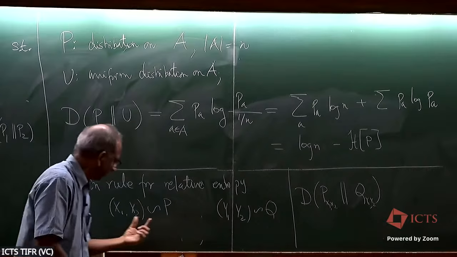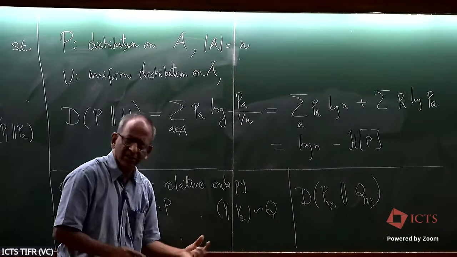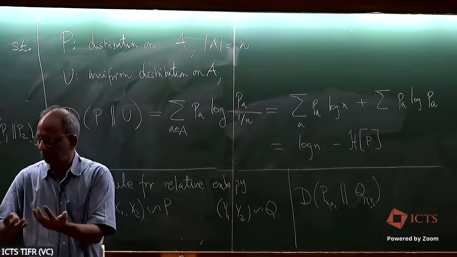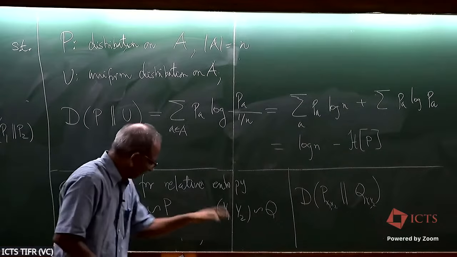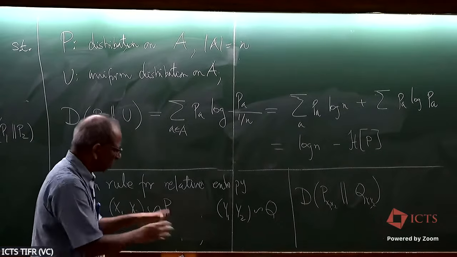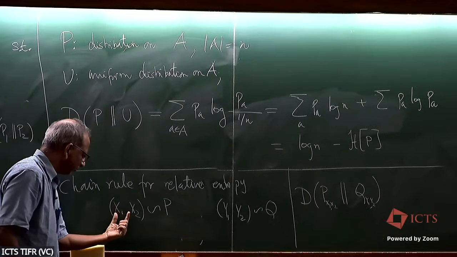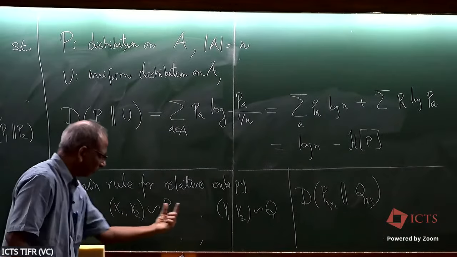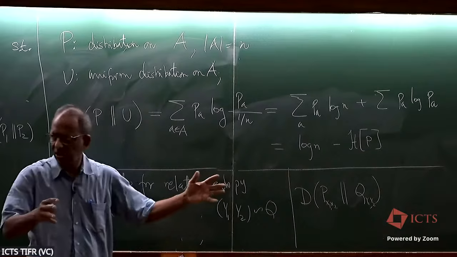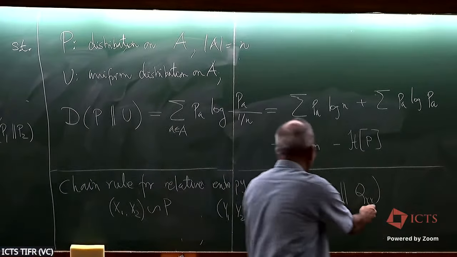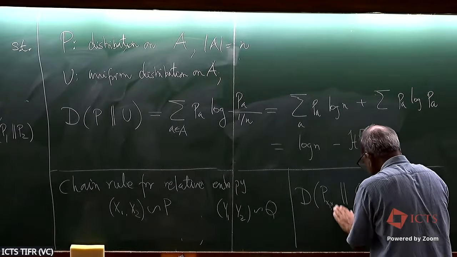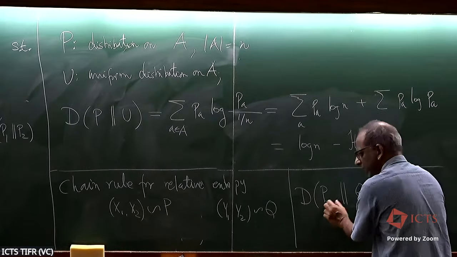And there is a relative entropy between the distributions of x1 and y1. So we would like to understand the relationship between the relative entropy of the part and the whole. This is the relative entropy between the two wholes, and we look at the relative entropy between these parts.